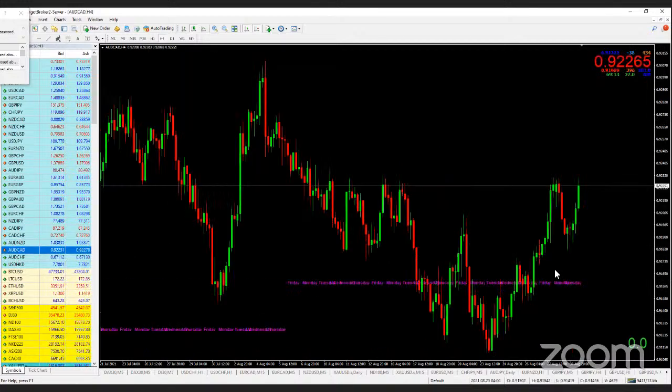Okay, so this is one pair. This is the pair for which I'll be posting the harmonic pattern, most likely later today.